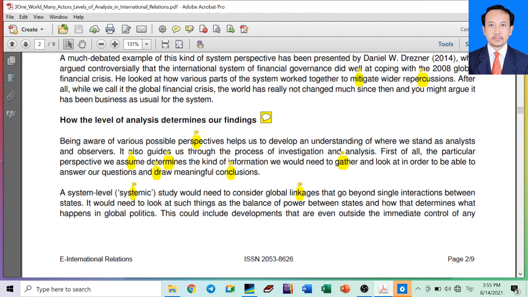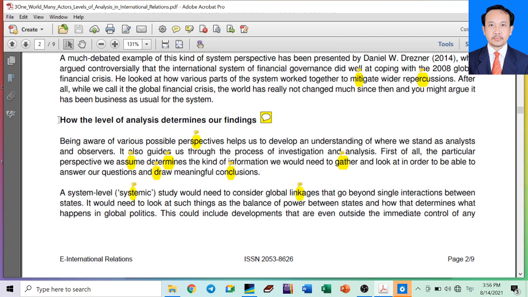The answer is that IR distinguishes three levels of analysis: the system, the state, and the individual.